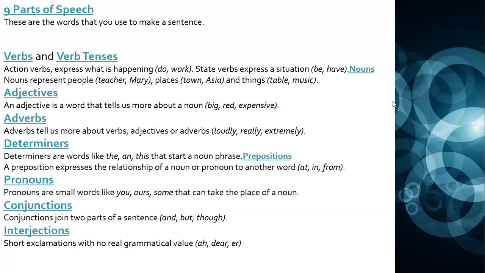Conjunctions are the joiners: and, but, and though. Interjections are short exclamations. They have no grammatical value, like wow, oh my God. We use that now, or OMG, exclamation point. Ah, oh no. Any big exclamations, those are interjections.